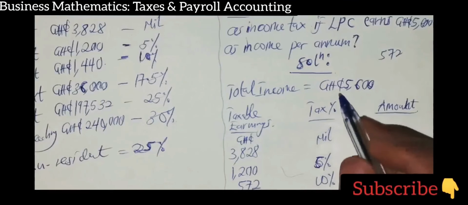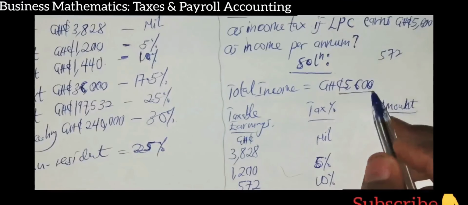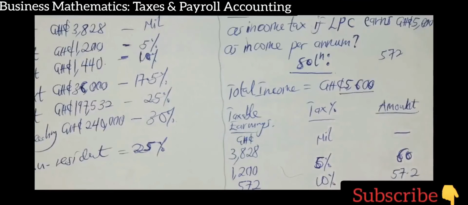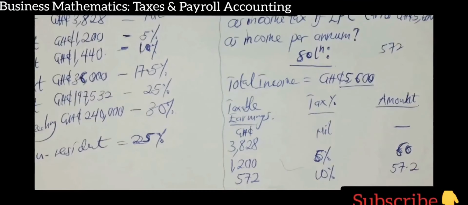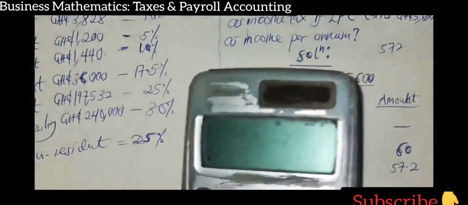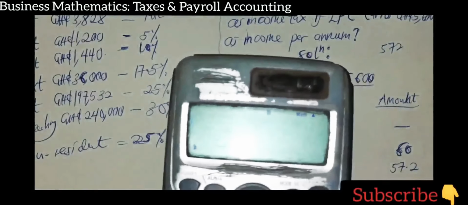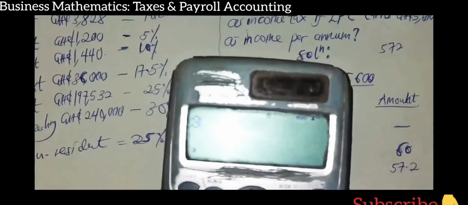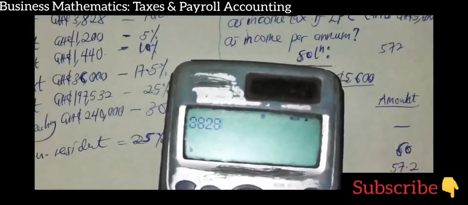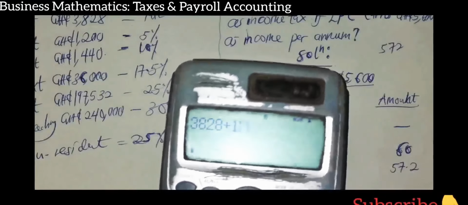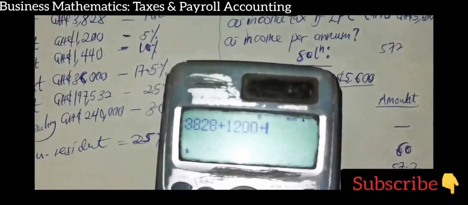It should agree with the total earnings for the period. So let's work it out and see whether we get that. Here is my calculator. First, 3,820 plus the other one, 1,200, plus. Then the other one was what?